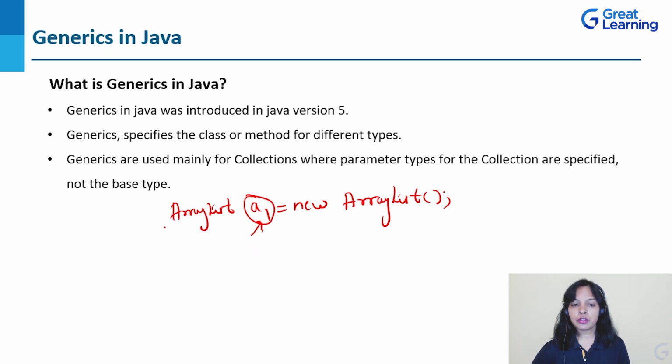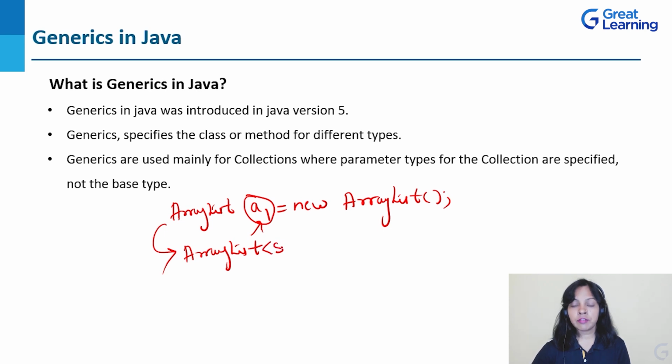But if I want to specifically define it for string data type, suppose, then I can make use of generics. That is, I can make this class array list a generic class. Okay? And then I can create an object of this class which will be for that specific data type.